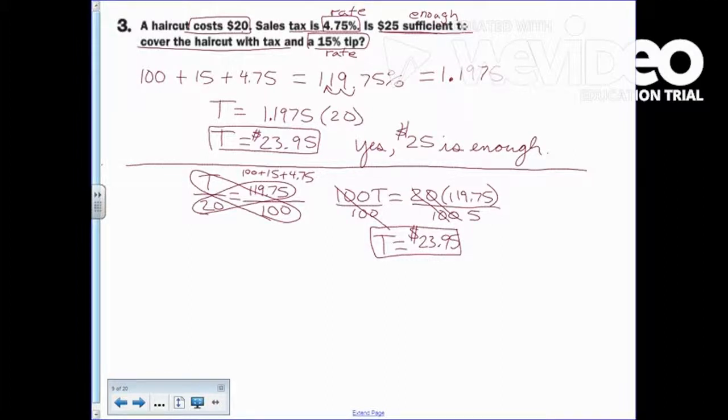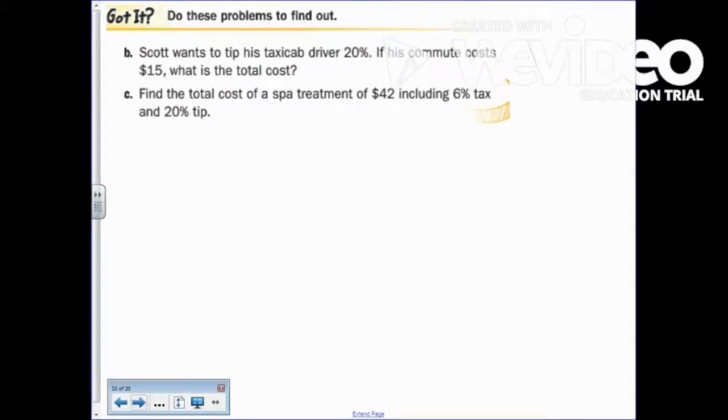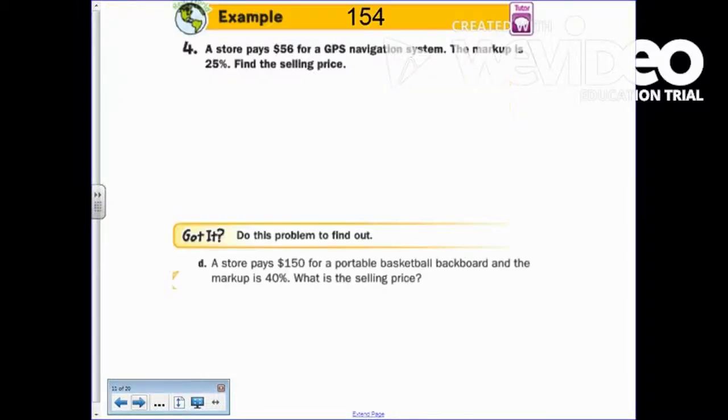So that should prepare you to complete letters B and C. But we are going to go ahead and move on to the final example, example number 4.